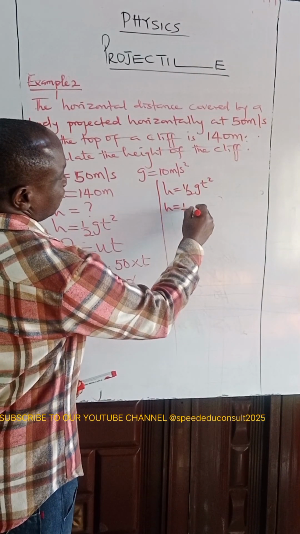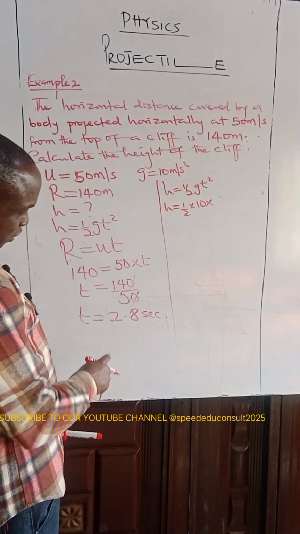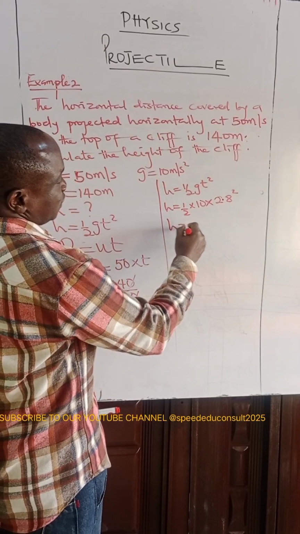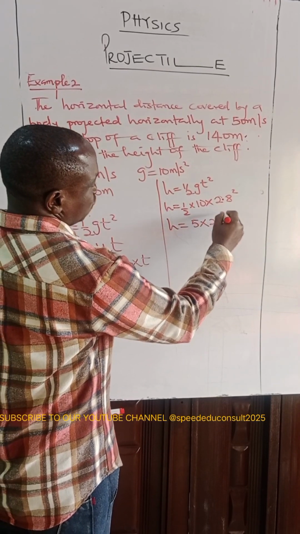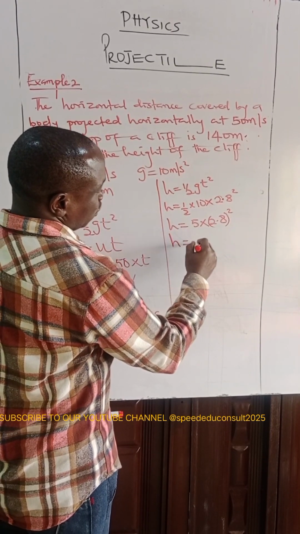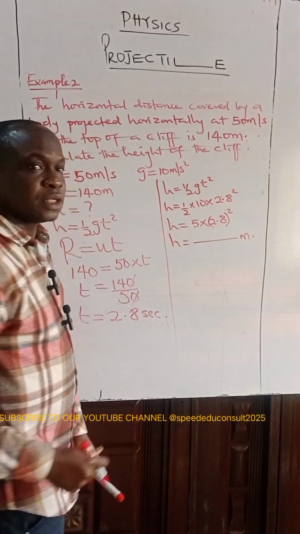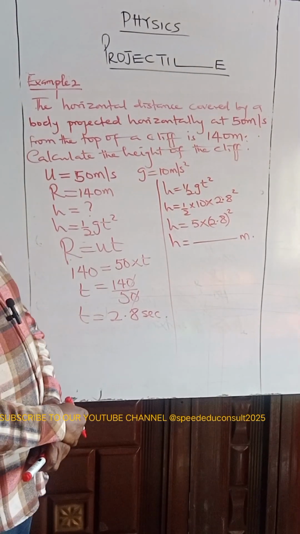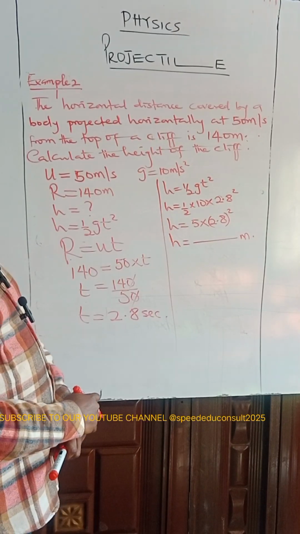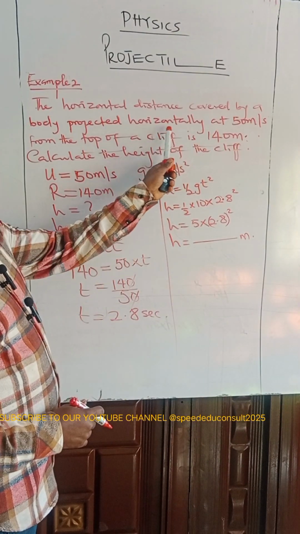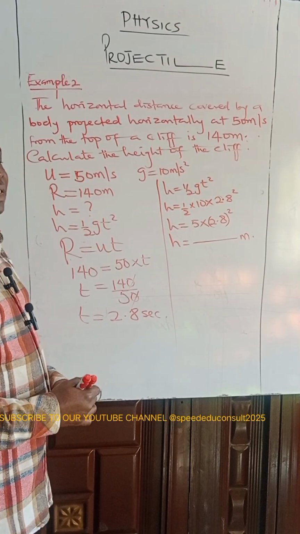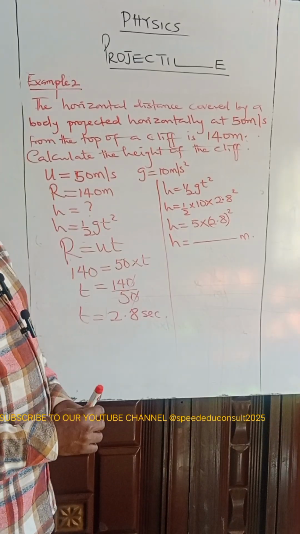H is equal to half times 10 times t squared, 2.8 squared. H now is equal to 5 times 2.8 squared. Whatever you get is in meters. This is how to calculate the height if the horizontal distance is given to be 140 meters. This will mark the end of horizontal motion.